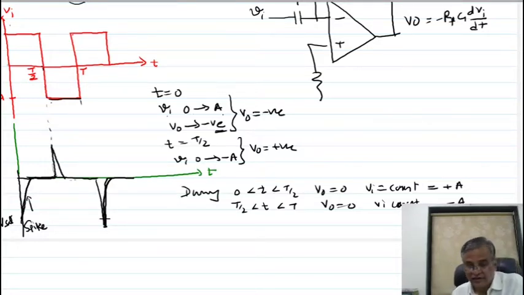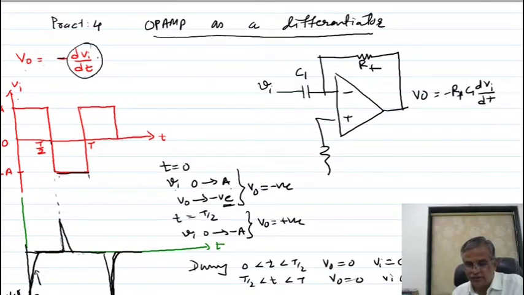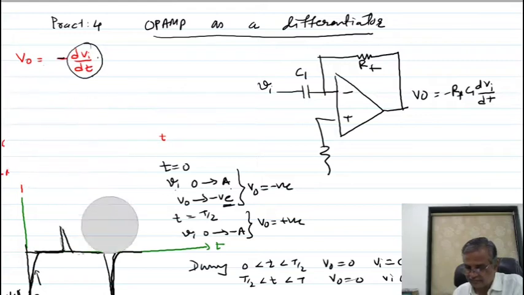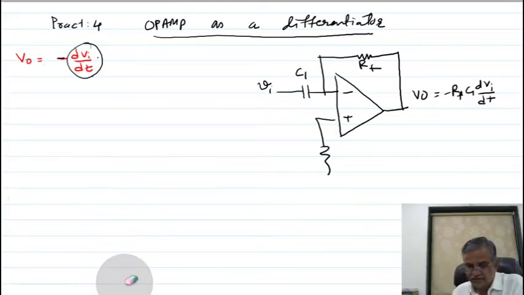Now let us see what is the practical limitation of this circuit. The gain of the circuit is nothing but Rf by Xcf.